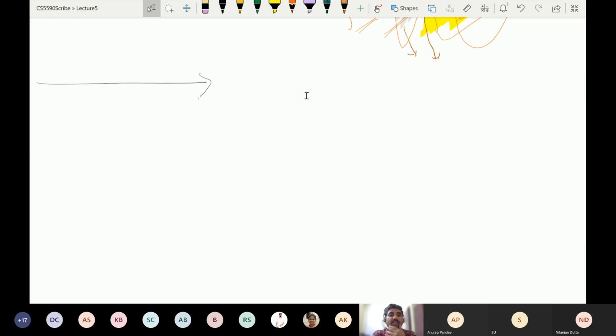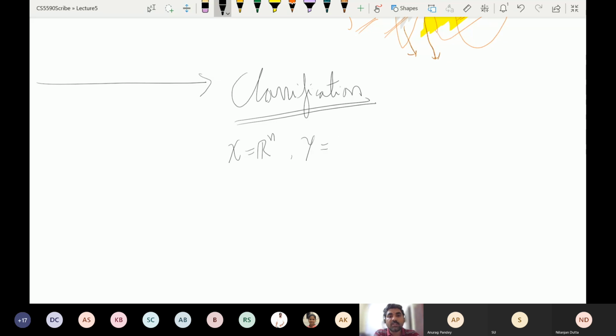Okay. So now let's try to solve the problem of classification using generative modeling ideas. Let's focus on the special case where the inputs are in n dimensions and the outputs are only 2. So it's a binary classification problem. Let's just call the classes -1 and 1.